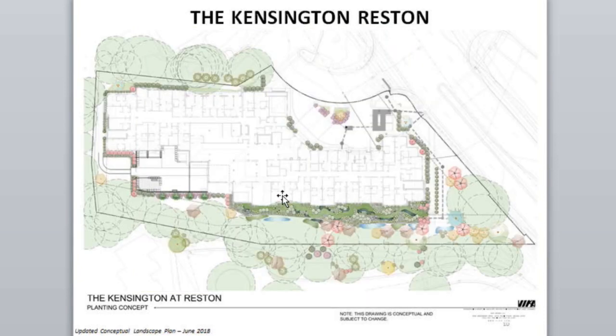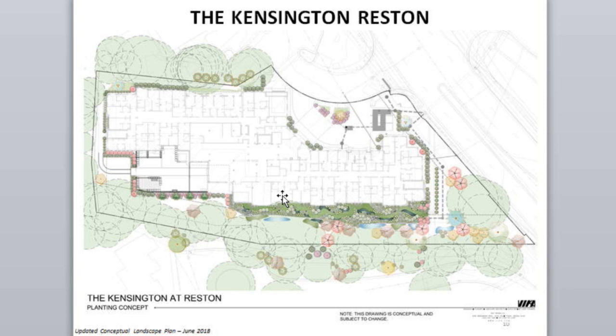So moving into the planting plan, slightly different orientation here. Sunrise Valley is angling up on the right side of the page. The Weathersfield cluster in this particular image would be on the bottom of the page, and the retail would be to the top. So one of the things that we've been trying to do throughout this process is preserve as much vegetation as possible.